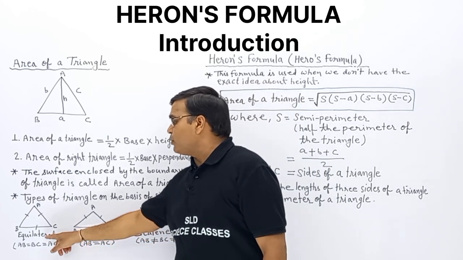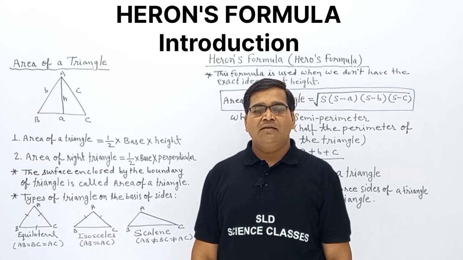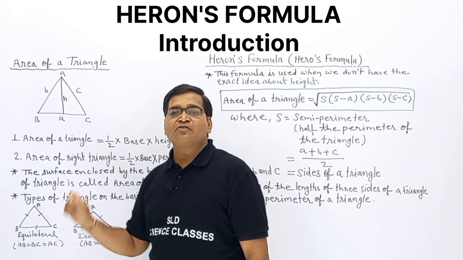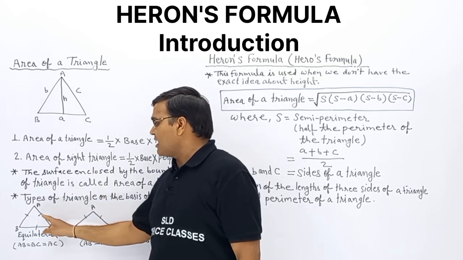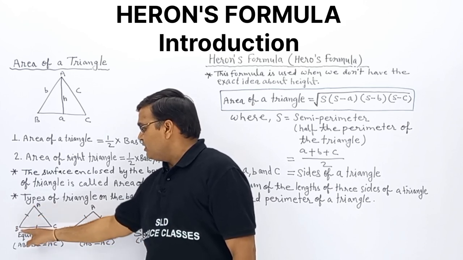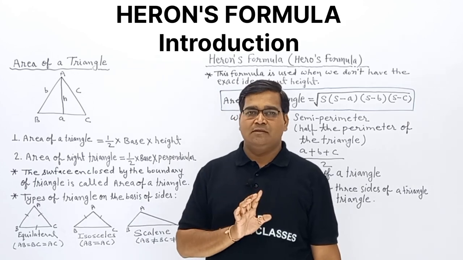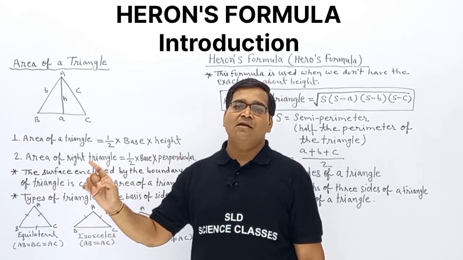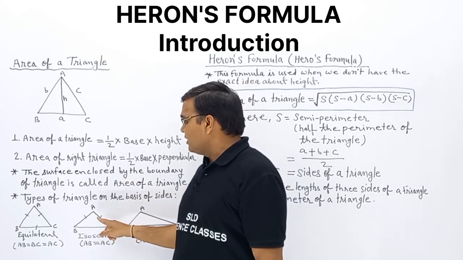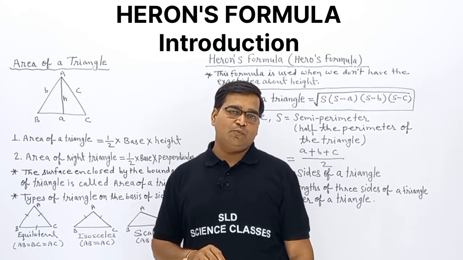Number one, the equilateral triangle. A triangle has three sides, AB, BC and AC, and if all sides are equal, that is called an equilateral triangle. The second type is when two sides are equal.